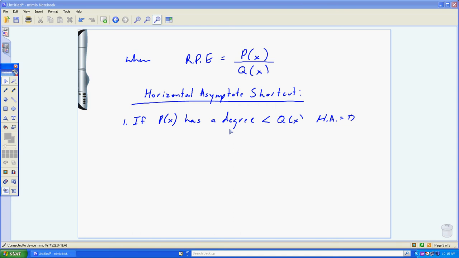So that's number 1. Number 2, if p of x has a degree that's equal to q of x, then the horizontal asymptote is going to be equal to a over b.